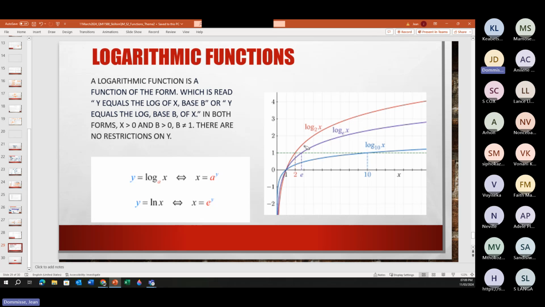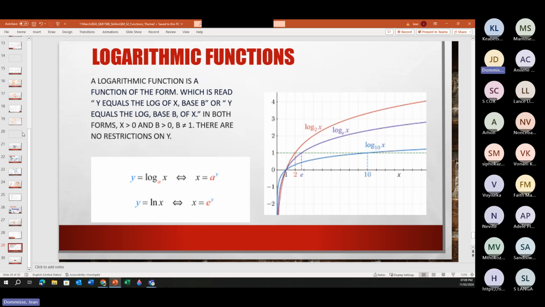Now we look at the log function. So what do you see about the log function? When you work with log, it will never cross the y-axis.